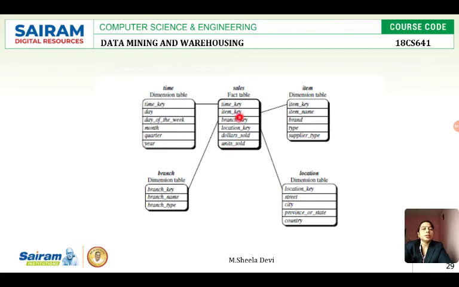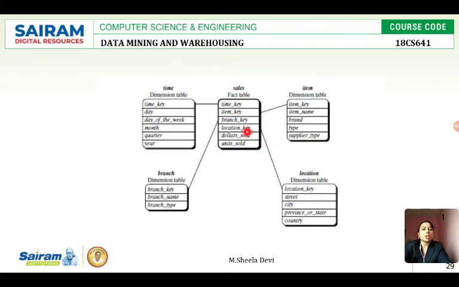For the dimensions called time key, item key, branch key, and location key, we have a separate, its own dimension table. See, let us take this item key, for which we have a separate dimension table with the dimensions item key, item name, brand, type, and supplier type.